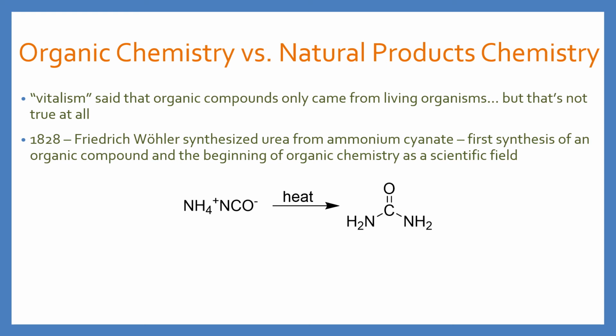So this was the beginning of organic chemistry as a scientific field, because somebody took a compound that did not necessarily come from the earth. This is considered an inorganic compound, kind of. It's a salt, and it was heated up and made something that is actually a byproduct that comes from our bodies. You can find urea in urine. So anyway, really interesting.